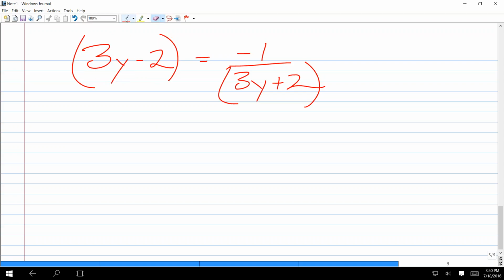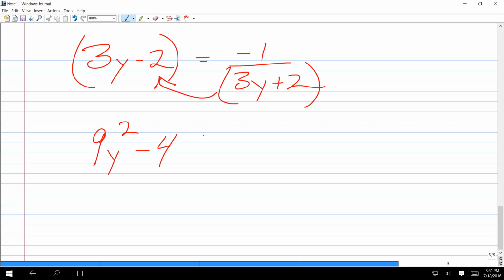So what is it? 3y squared, so what is 3y squared minus 16? Well, it's 3y in parentheses squared, so it's 9y squared minus 4. That's what this multiplied by that is going to be.